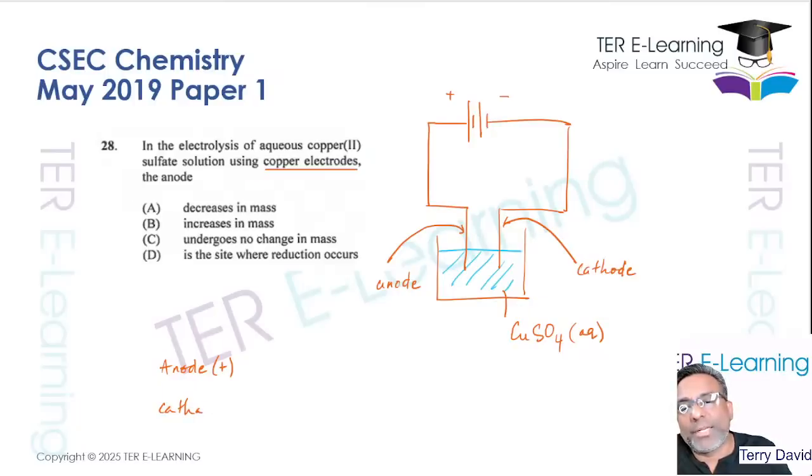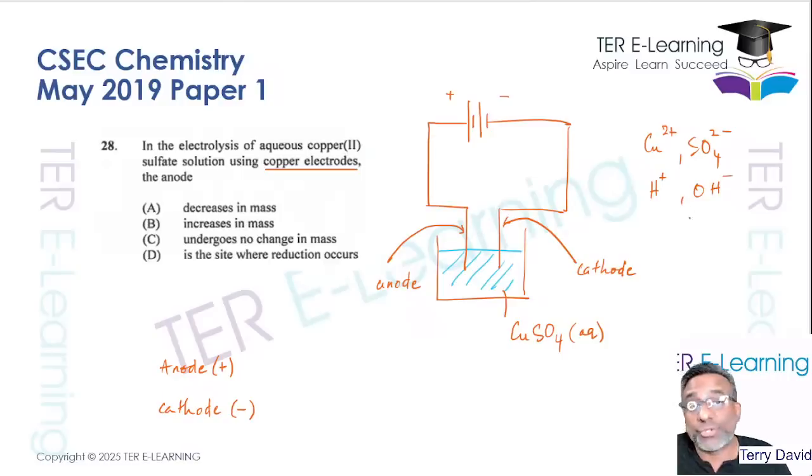So I'm going to give you a little more here when it comes to this particular electrolysis. The cathode is negative. Now you have an aqueous solution of copper 2 sulfate, so the ions present will be Cu2+ and SO4 2-. We will also have H+ and OH-. All of this is coming from the solution because it's aqueous. Let's start with the cathode, that's the easiest one.